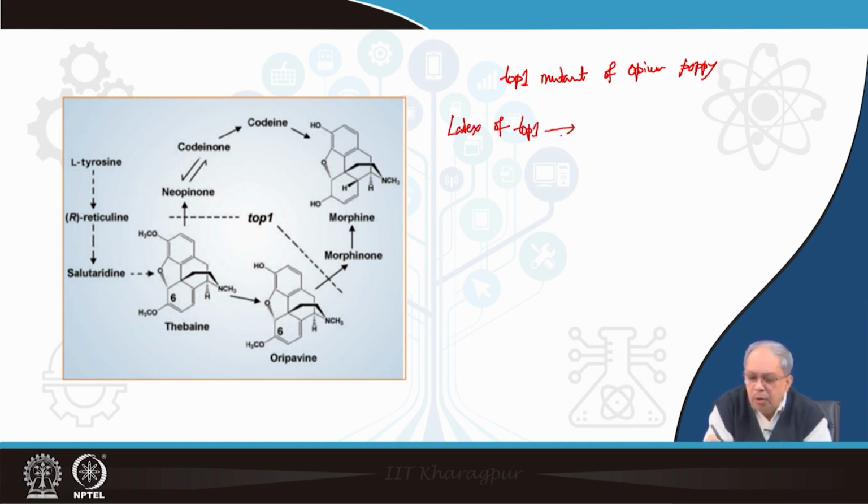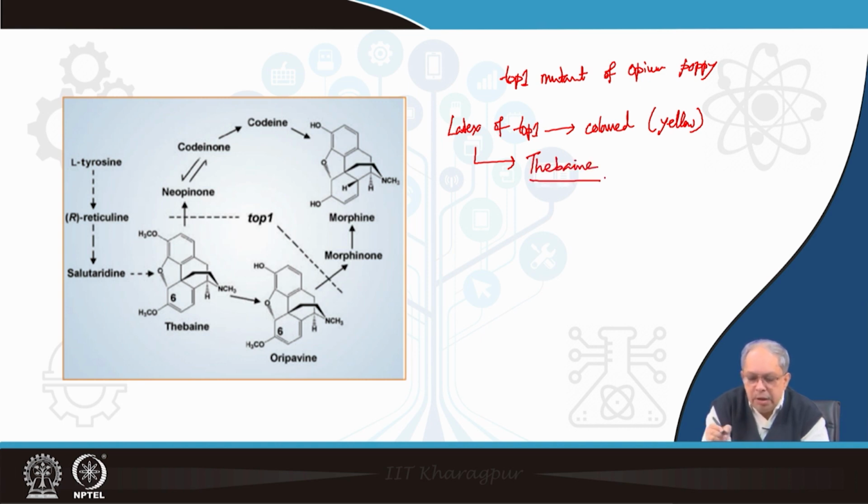So, the latex of the top 1 mutant was found to be colored, yellow in color, and subsequently it was found that this latex was dominated by the alkaloid thebaine.